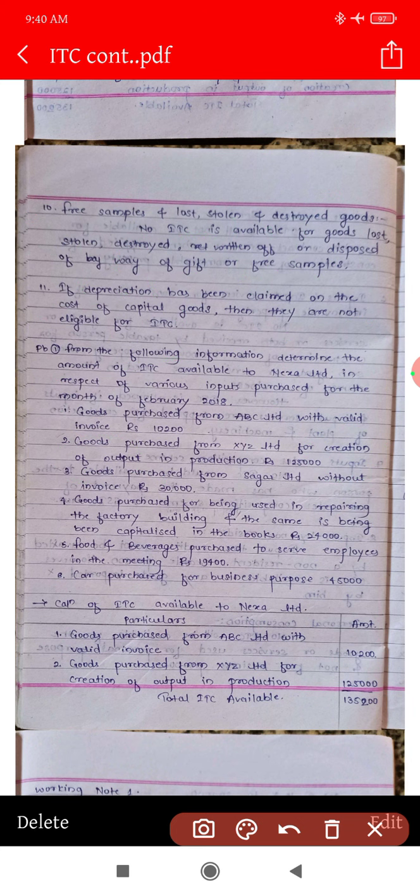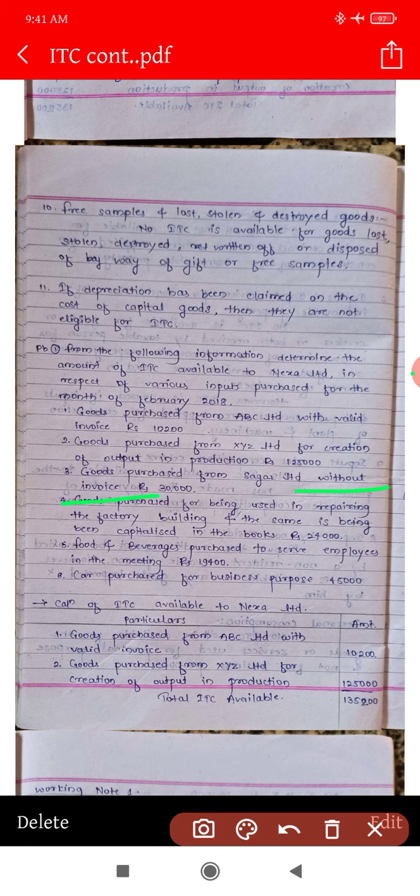Next, goods purchased from Sagar Limited without invoice. So he has purchased some goods from Sagar Limited and does not have any valid proof, meaning he doesn't have the invoice, he doesn't have the bill. Tell me whether this transaction is valid for input tax credit. No, because he is not having any valid invoice.